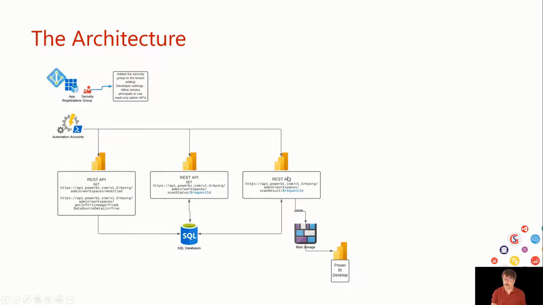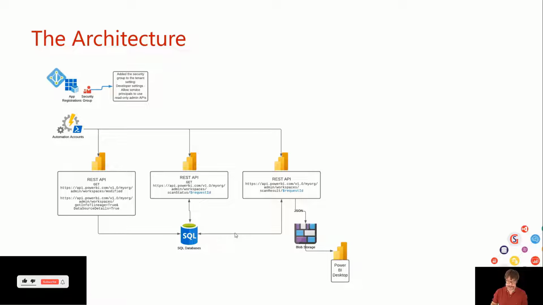If a request is finished and has a result, then of course we want to have this result, and this JSON document is stored on an Azure Data Lake in a blob storage. And for all this, what is done, what has been requested, what is finished, and things like that, I use an Azure SQL database just to keep track of what the service has been doing so far. So this is basically the architecture.